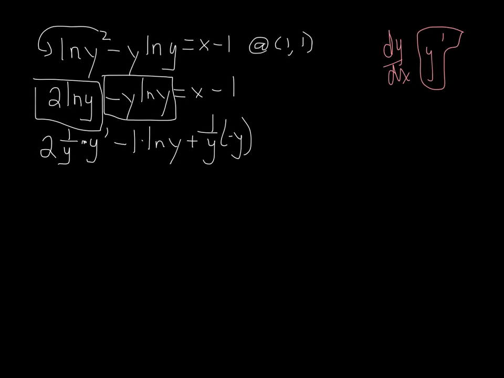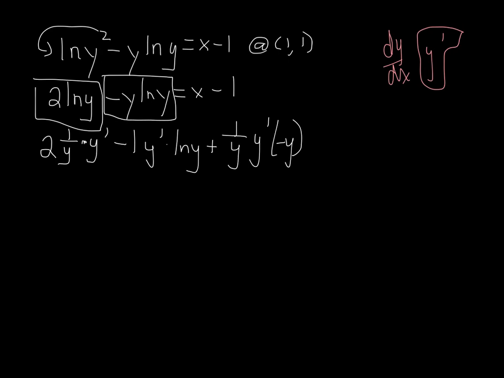And whenever I'm taking the derivative of the y, oh dear, I forgot. Hold on, back up for a minute here. For all my fancy talk, I totally forgot. So minus 1 is the derivative of y, and then we need to multiply it by y prime before we multiply by ln y. Then I take the derivative of ln y, which is 1 over y, multiply that by y prime, and then multiply by minus y for the product rule.